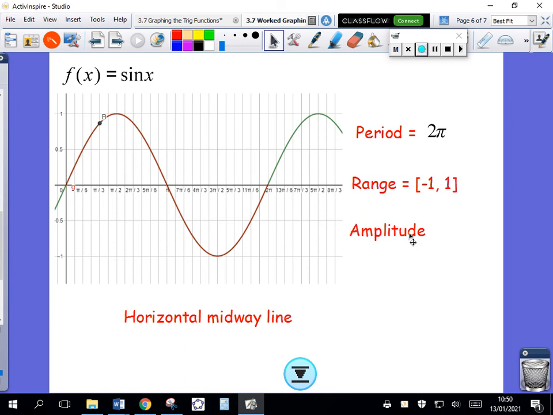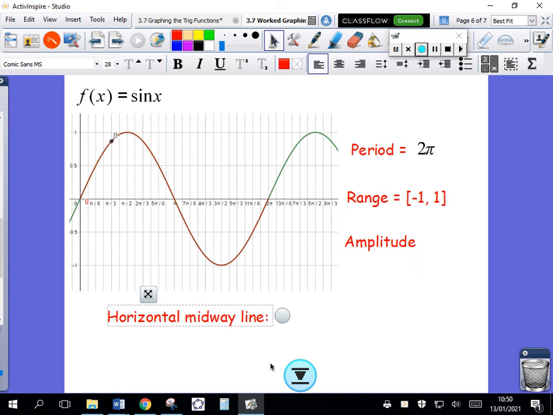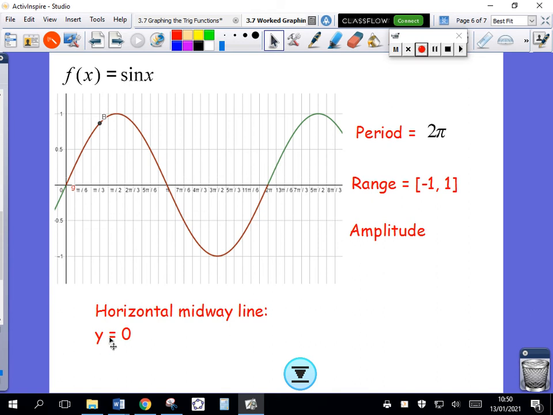The amplitude, well, we'll talk maybe about the horizontal midway line first. It's a horizontal line exactly halfway up the curve. You can see it's the x-axis. The horizontal midway line here is the x-axis. But the equation of the x-axis, well, what have all points on the x-axis got in common? What they all have in common is that the y-coordinate is equal to 0. So that's the equation of the horizontal midway line.